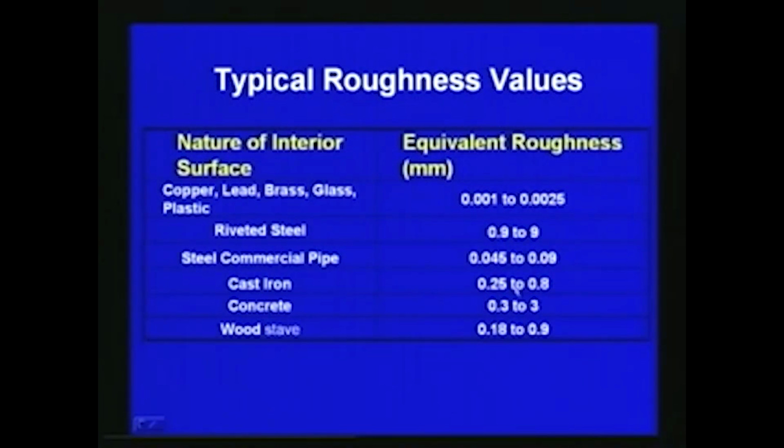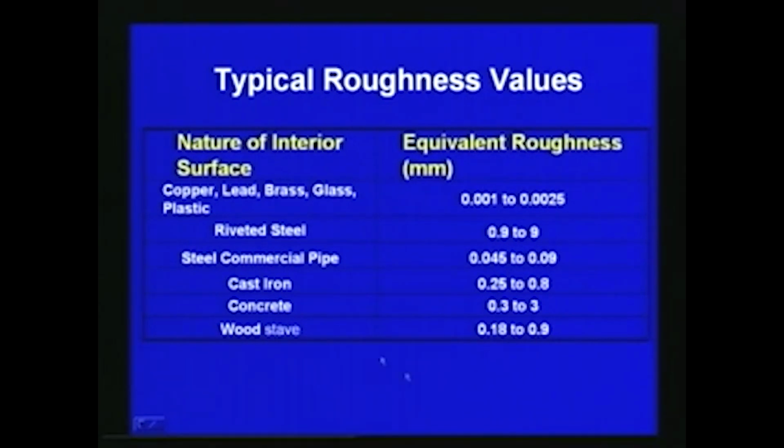So, when concrete or wood is considered, the roughness height, whether the pipe is smooth or rough, depends upon the finish given to the material. For concrete pipe this equivalent roughness varies from 0.3 to 3 millimeter, and for wood stave it varies from 0.18 to 0.9.